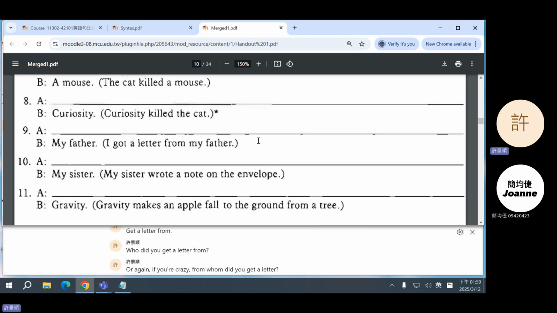Question 10. It's asking about a person, so you begin with "who", right?